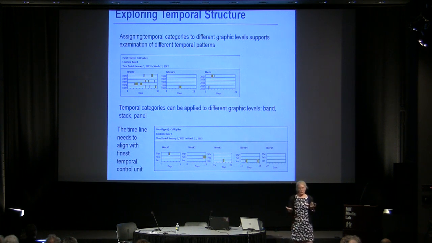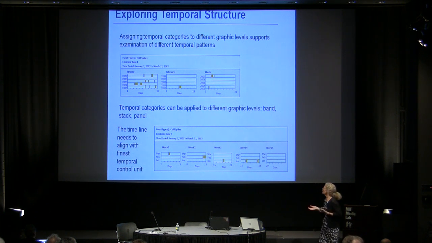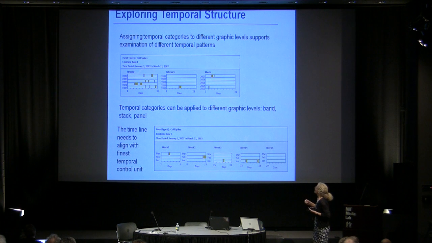And I can do similar sorts of things with time. I can put multiple time categories on my bands and stacks and start to explore, again, different granularities in the temporal structure. So we might look at cold spikes, and this would be a really rapid temperature fall. And we might look at them across years and through months.